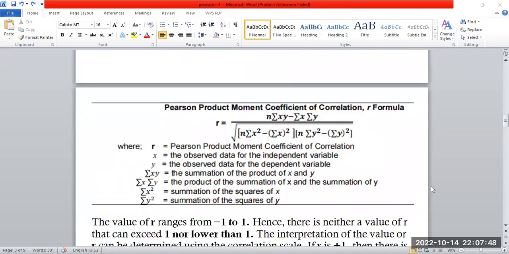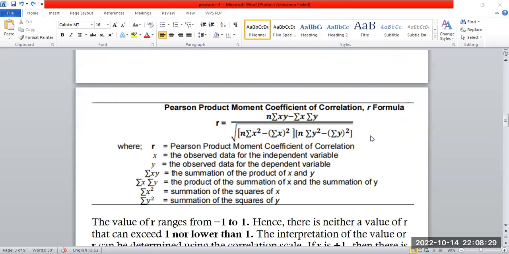Now, this is the R formula, or the Pearson product moment coefficient of correlation. R is equal to N times the summation of X times Y, minus the summation of X times the summation of Y, divided by the square root of N times the summation of X squared minus the quantity, the summation of X, squared, times N times the summation of Y squared minus the summation of Y, squared.